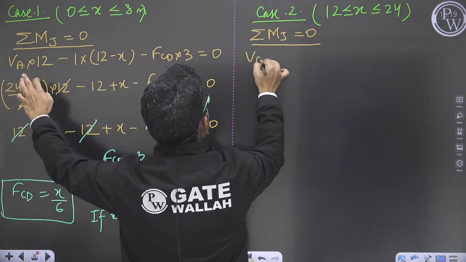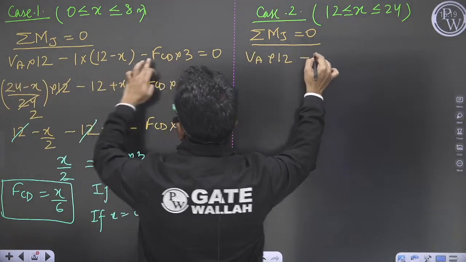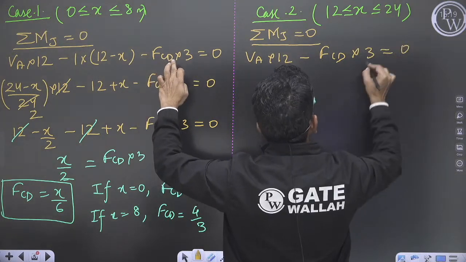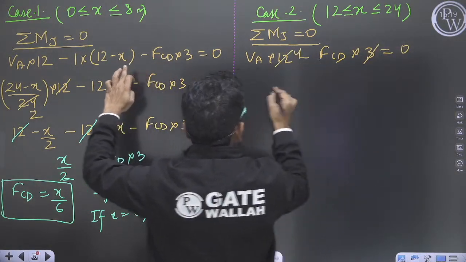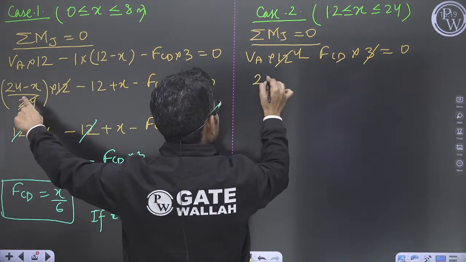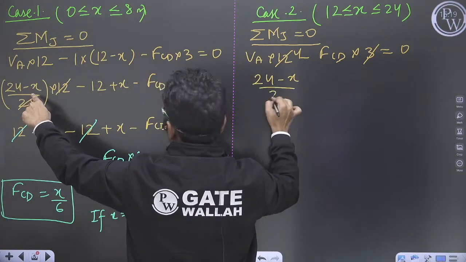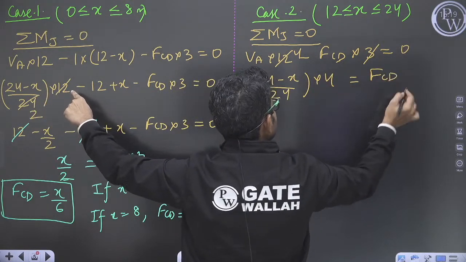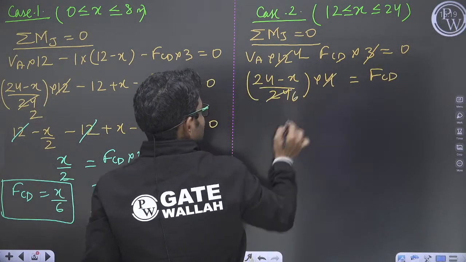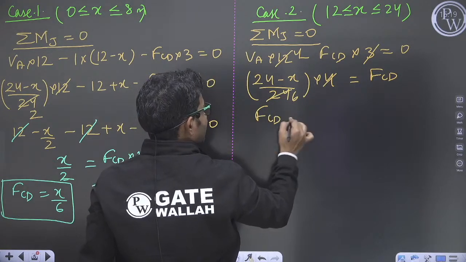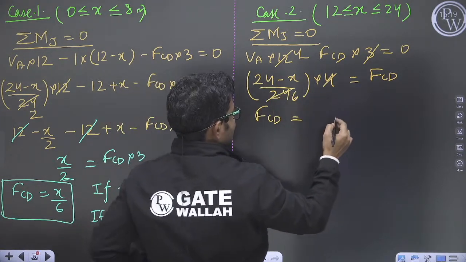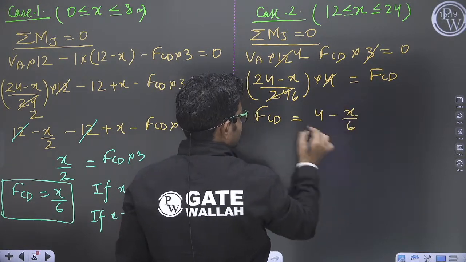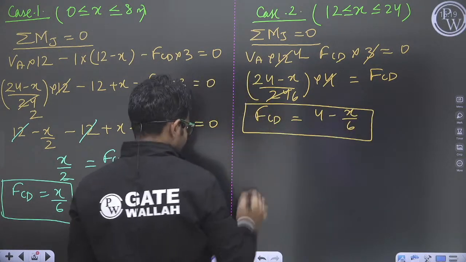So VA into 12 minus FCD into 3 will be equal to 0. So VA is how much? (24 minus x) by 24 into 4 is equal to FCD. So 6 4s are 24. So FCD will be equal to (24 minus x) by 6, that is 4 minus x by 6. This will be the variation of FCD.